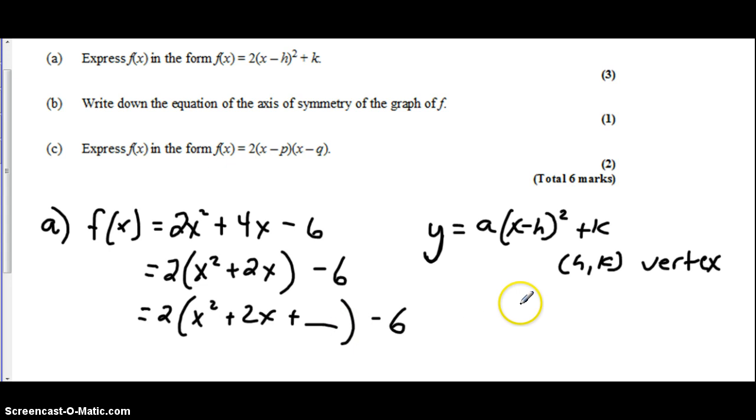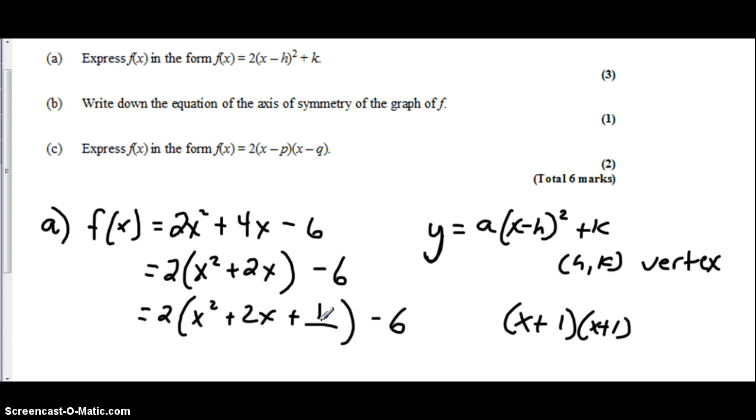The only thing that would be the same thing multiplied by itself to add up to 2 would be (x plus 1) times (x plus 1). That would be the perfect square that you would create. So here you can see that we would add a 1.